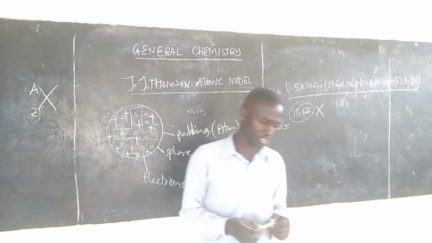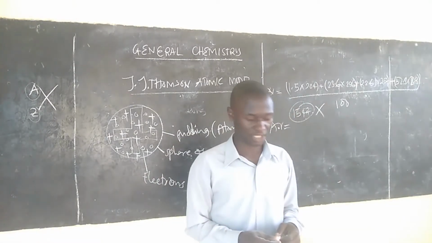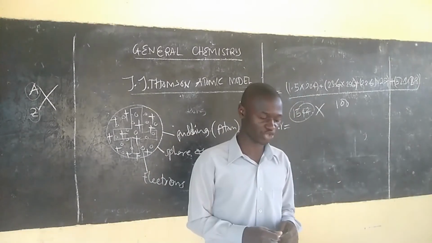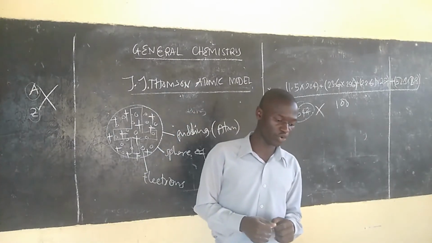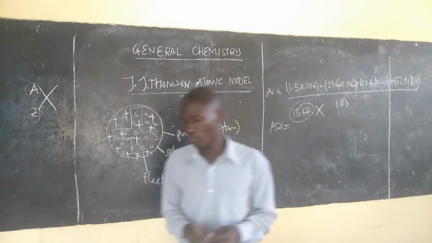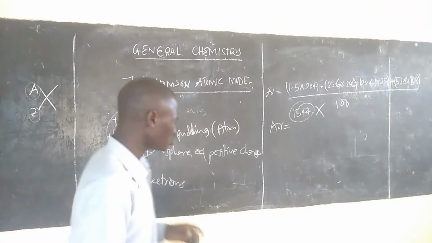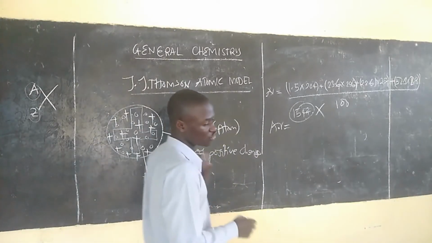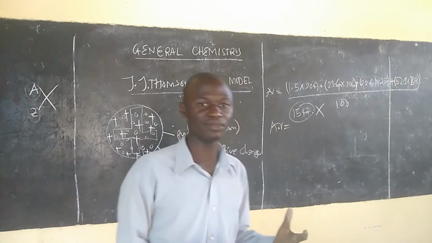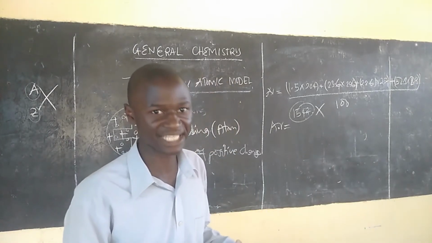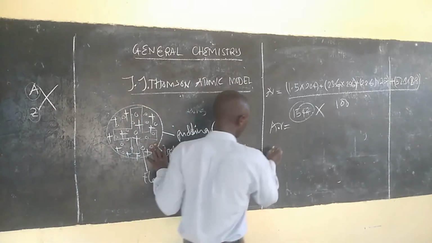Third, according to the laws of electrodynamics, electrons in Thomson model should lose energy by radiation. Na zikilose energy, nini kitatokea? When they lose energy, they would eventually fall into a hole in a positive sphere. Remember tunapozungumza structure of an atom, chemistry na physics vinaingiliana sana.